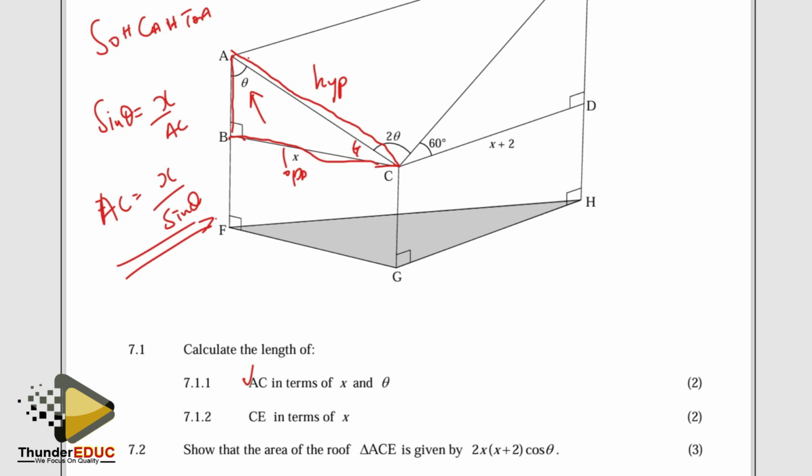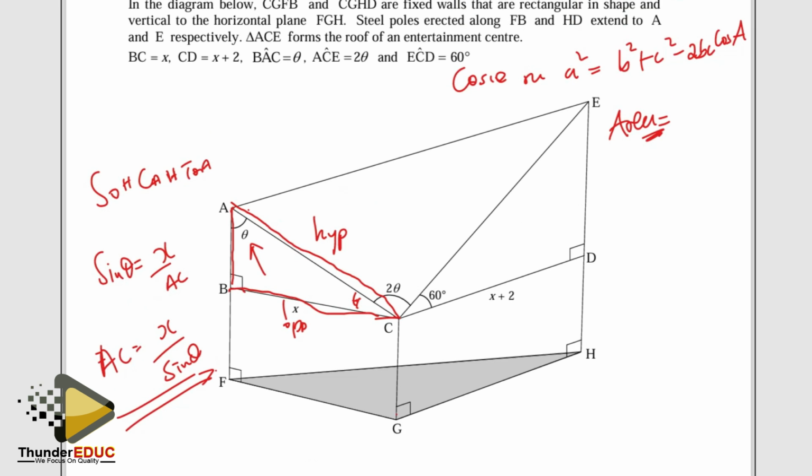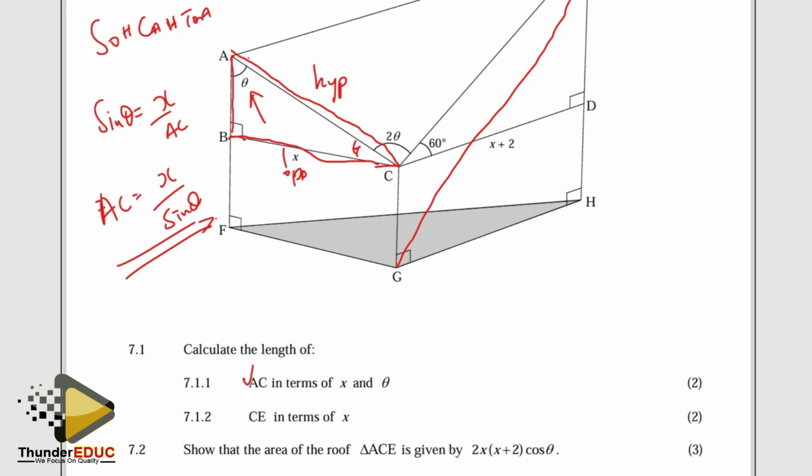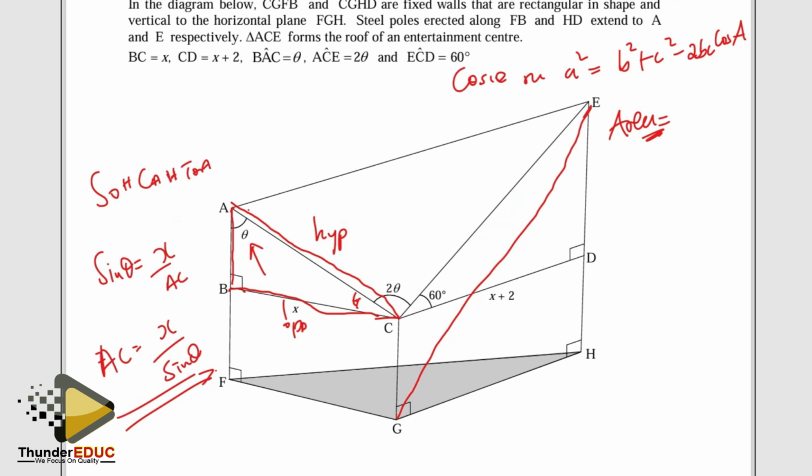Then they want CE. Where's E? So they want this entire thing in terms of x.